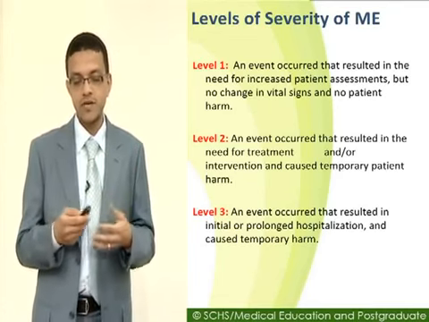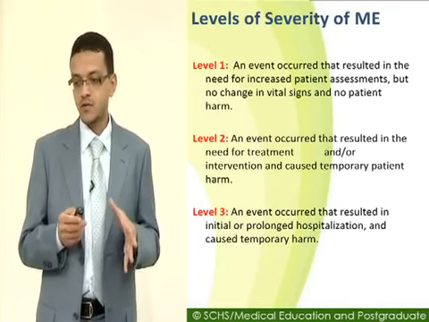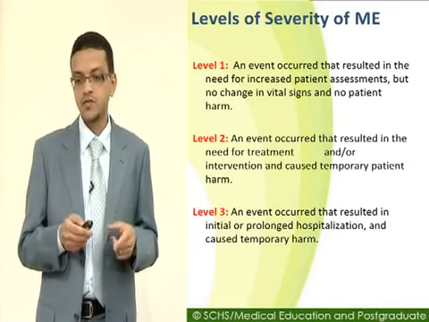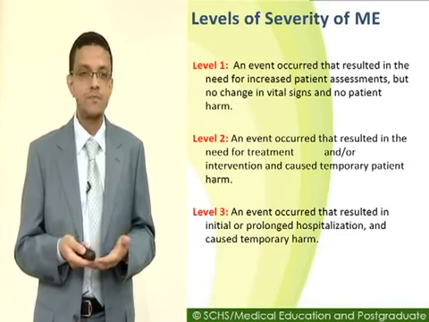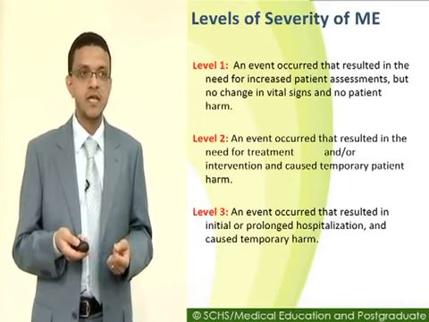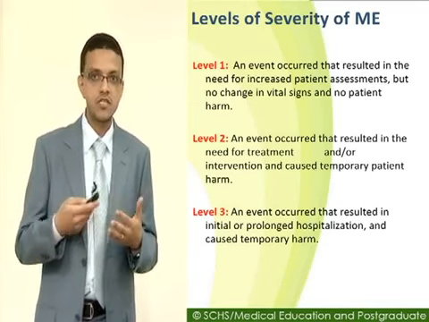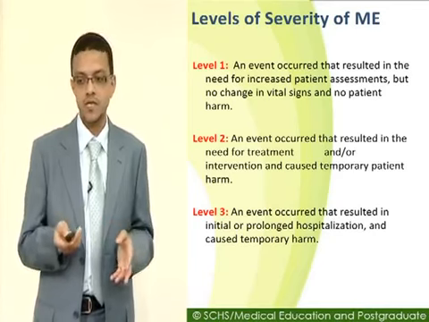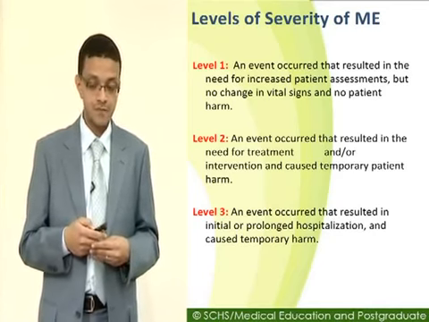So the medical error has levels. There is more than one classification, but I will talk about one of them. Level 1: an event occurred that resulted in the need of increased patient assessment, but no change in vital signs and no patient harm. That's to say that what you did only made the patient need further assessment, but it did not cause any harm. It's not even notifiable by the patient.